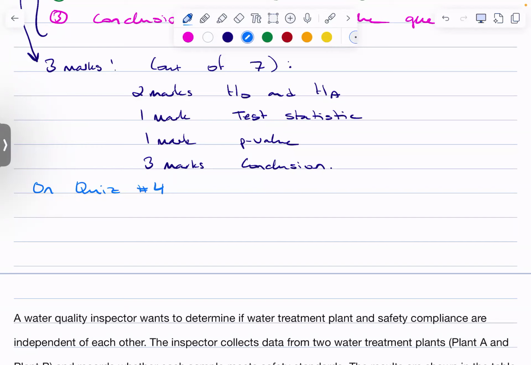So it should be a freebie 1 mark, right? But I do it nonetheless. I think that's nice. So on quiz number 4, you will need to tell me what type of question each question is.